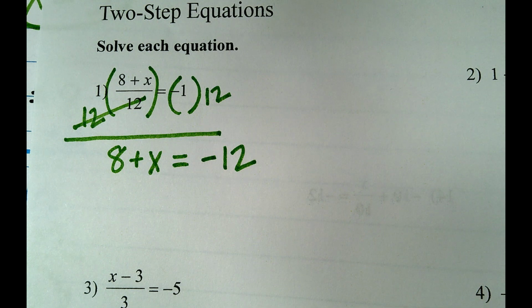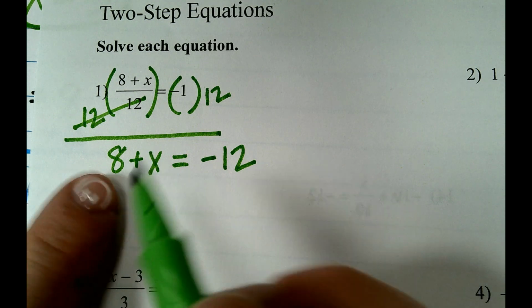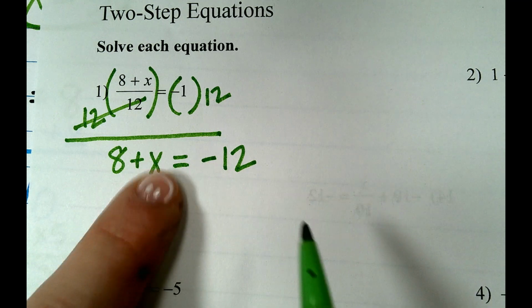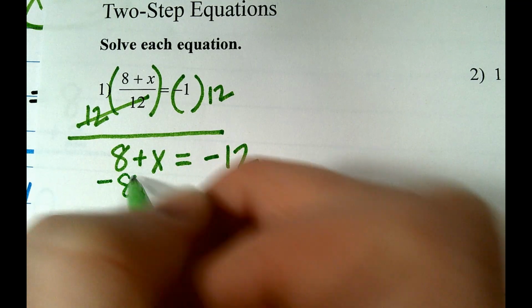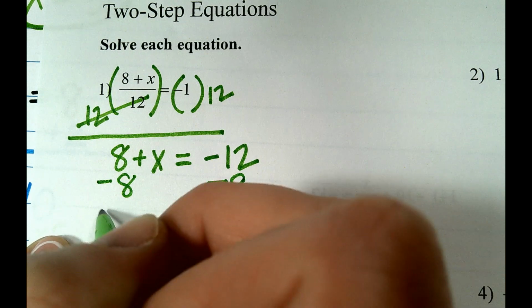What do I do now? Would you subtract 8? Yes, you would. You subtract 8, trying to get x by itself. 8 is being added to x. So we're going to subtract 8 from both sides.